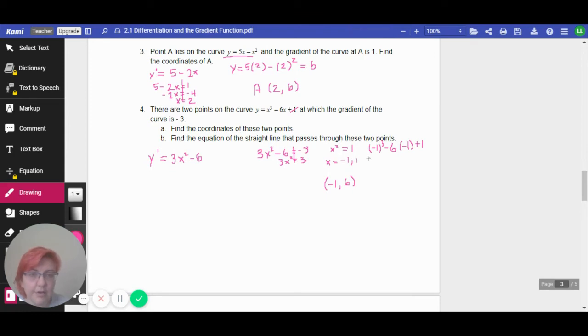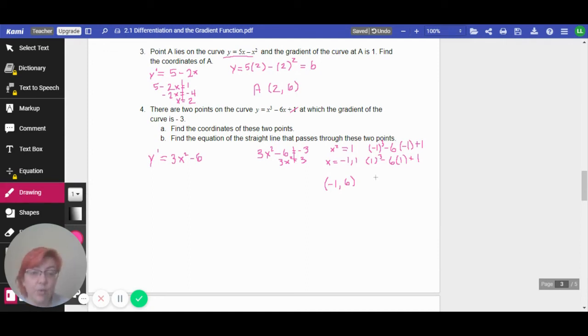Now for the other, I have 1 cubed minus 6 times 1 plus 1. My calculator says 1 cubed minus 6 times 1 plus 1 is negative 4.